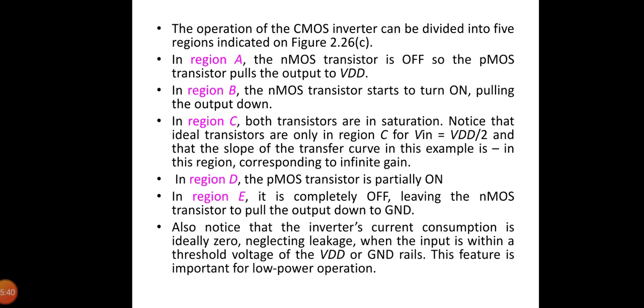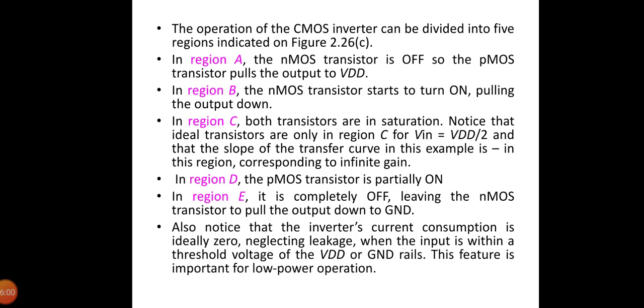The operation of the CMOS inverter can be divided into five regions: A, B, C, D and E. In region A, the NMOS transistor is off, so the PMOS transistor pulls the output to VDD. In region B, the NMOS transistor starts to turn on, pulling the output down.